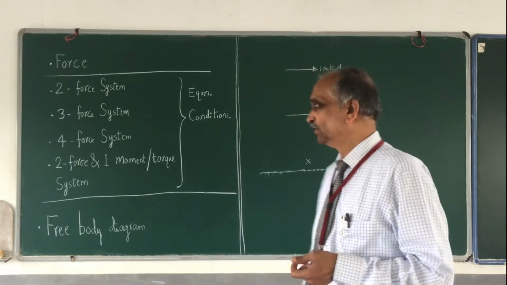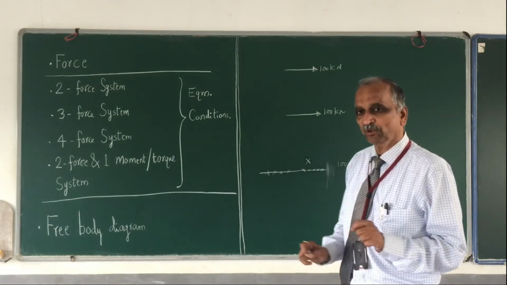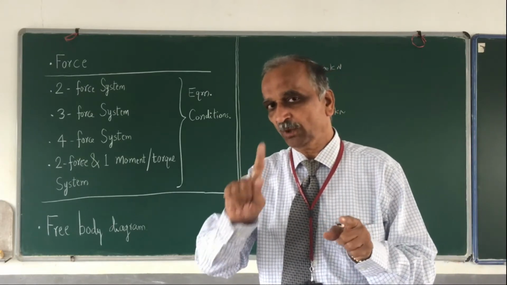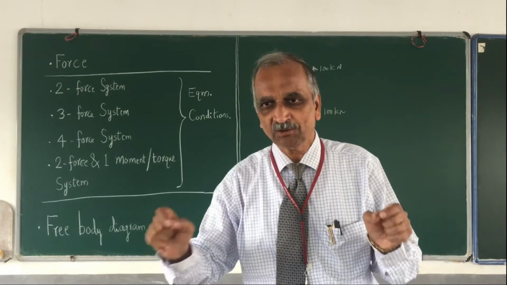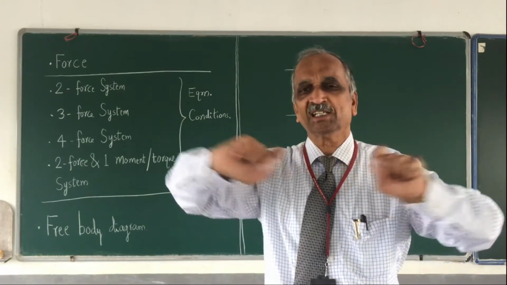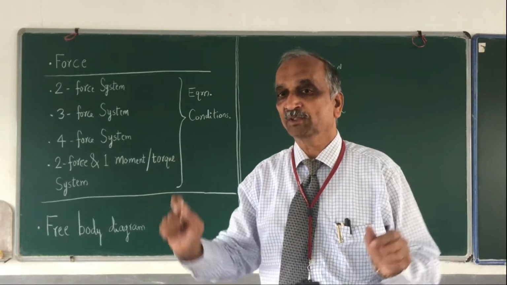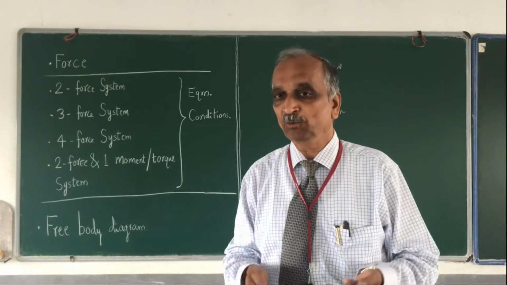Many times we don't know the direction, and I'm not mentioning points. If you know 2 points through which the force passes, join those 2 points and extend on either side, and you get the line of action of the force. Many times in our discussion, that is going to be very useful.